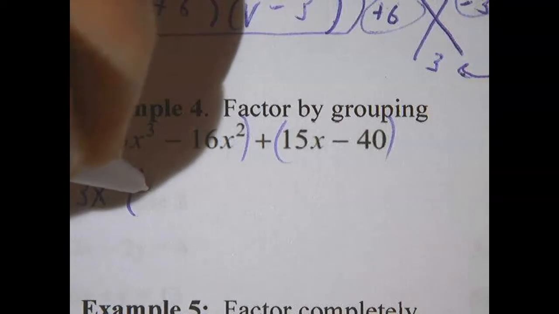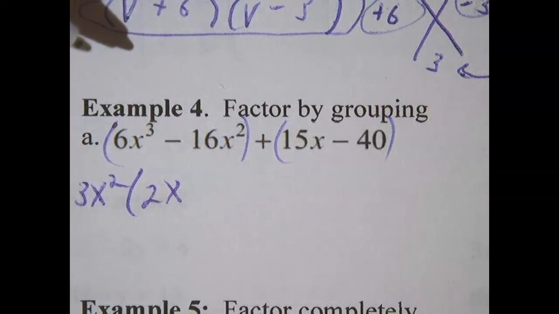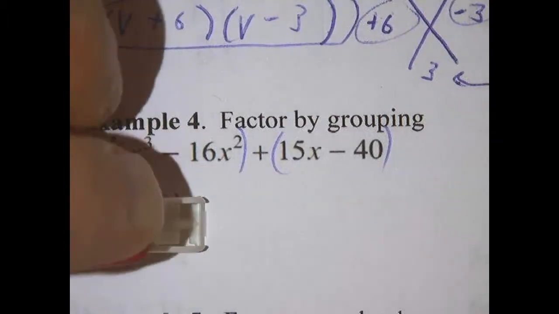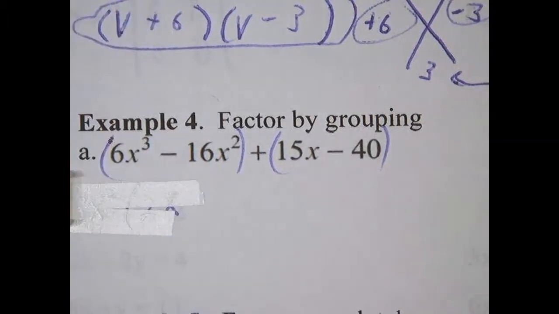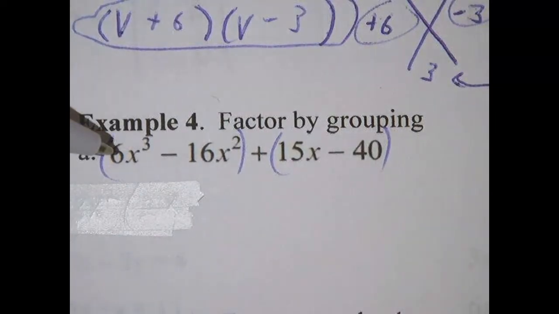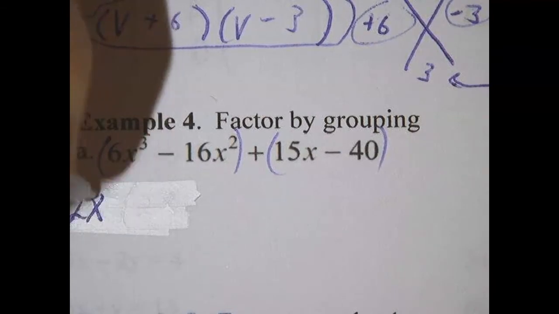So this would be a 2x. This would be a, maybe 3 doesn't come out of there. Let me redo that. I'm talking too much and thinking too little. Let's do that again. The GCF of these two terms, 3 doesn't go into that, 2 goes into both. So it's going to be 2x squared.